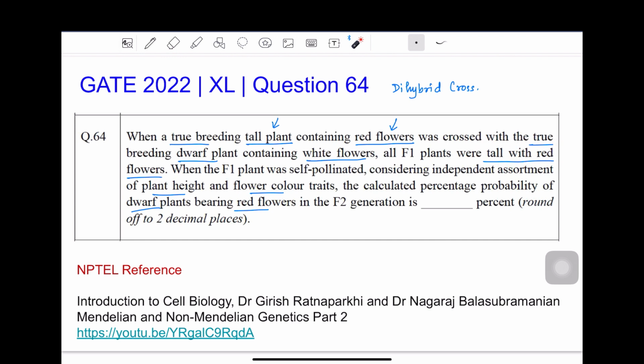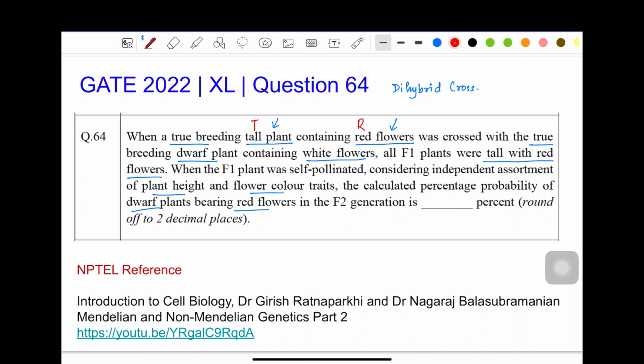So they will be the two dominant characters, and we will assign them capital letters. Tall we assign capital T and red we assign capital R. I hope you understood why we are considering tall and red to be dominant: because we can observe these phenotypes only in the F1 generation, and in Mendel's dihybrid cross we only see the dominant characters in the F1 generation.